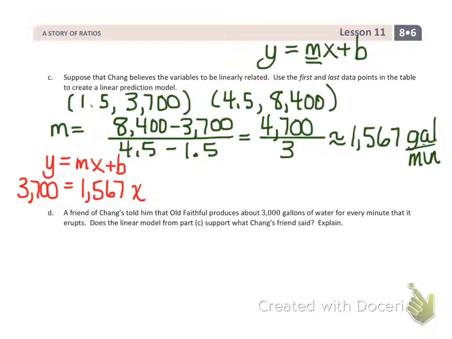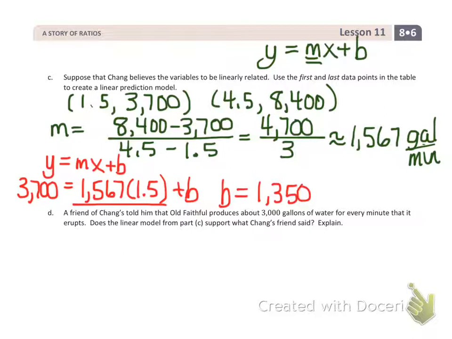The x that goes with 3,700 is 1.5. So times 1.5 plus b. And then I want to do the multiplication here and subtract it from 3,700 to get b. And so we're going to get that b is equal to approximately 1,350.